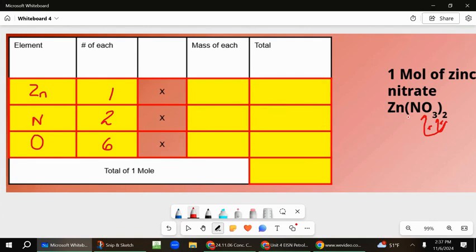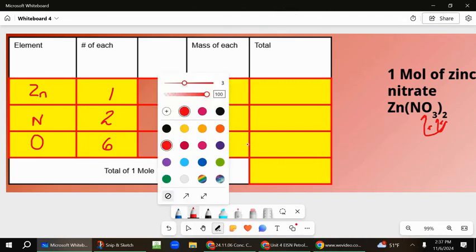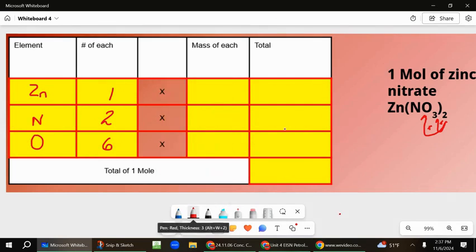All right, so here we go. What's the mass of every zinc in here, Virginia? 65.38. What is the mass of every nitrogen here, Esmeralda? And what is the mass of every oxygen here, Leslie? 0.999.